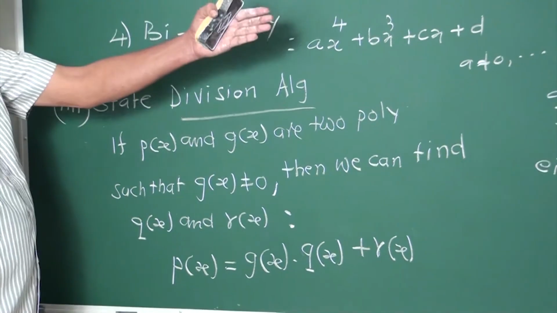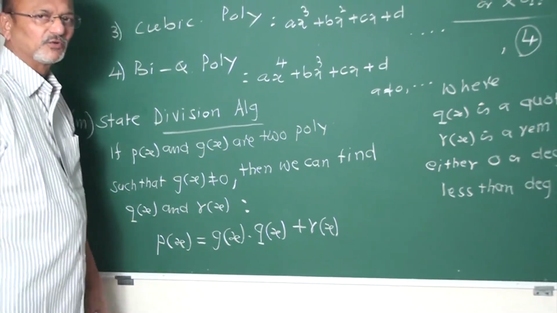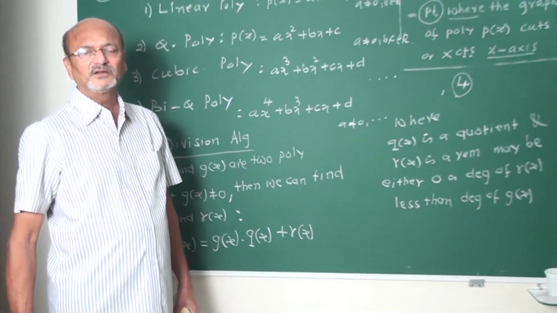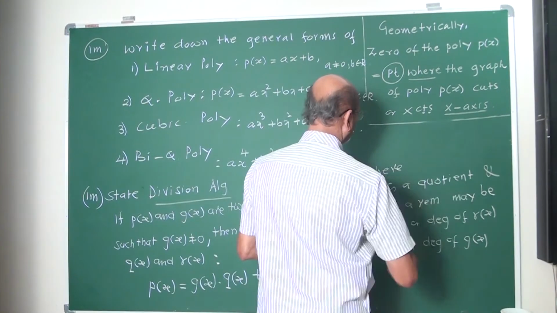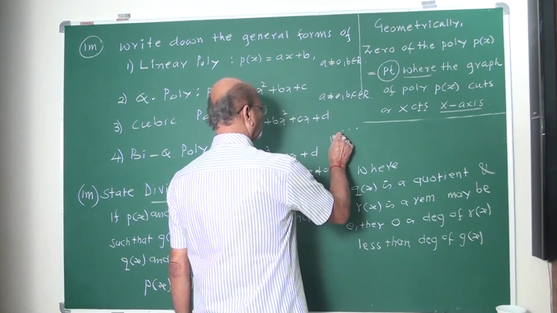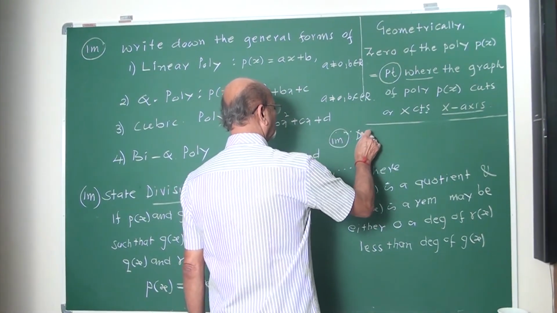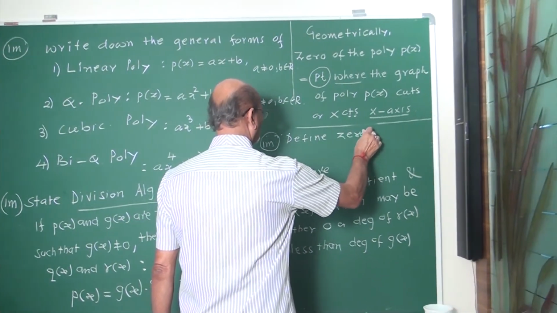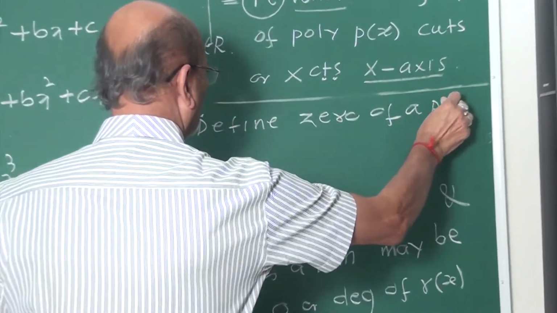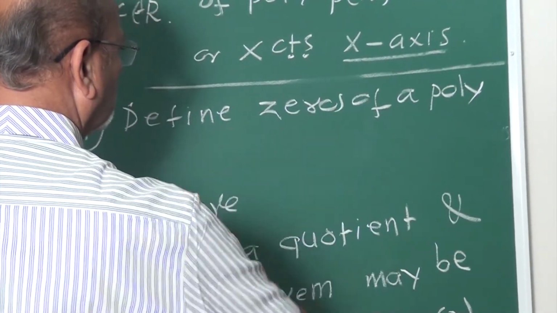Like this, even in these theory parts, they may ask: define zeros of the polynomial. This is also one more question. Define zeros of the polynomial.